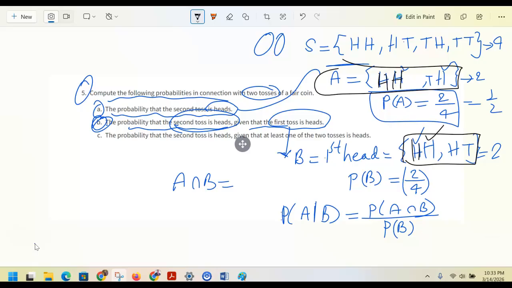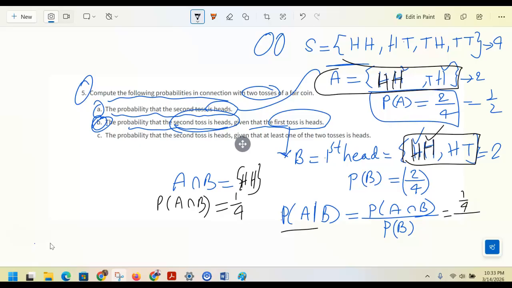This is the only one that is common, so it is one. That means the probability of A and B is 1 out of 4. So when I'm writing this answer, it will be 1 out of 4 divided by B, which is 2 out of 4. You can cross out 4 and you get half.